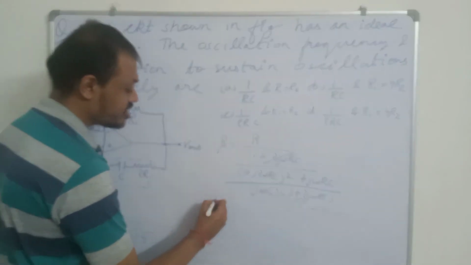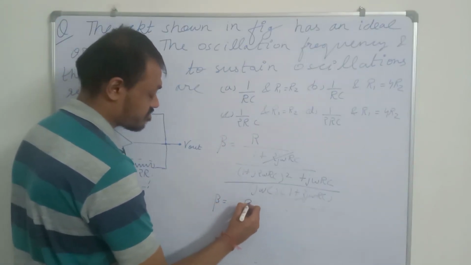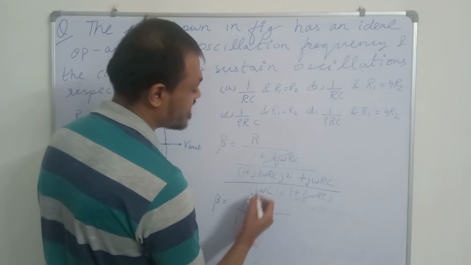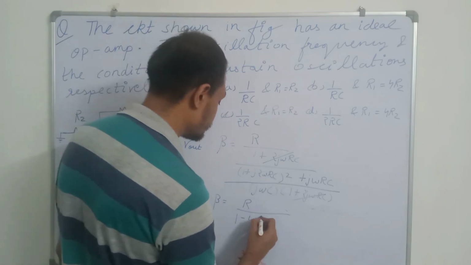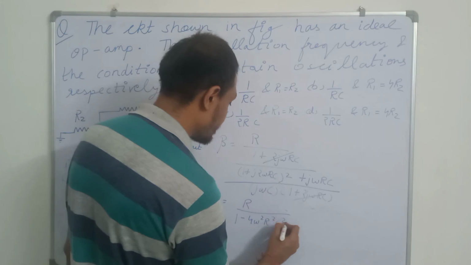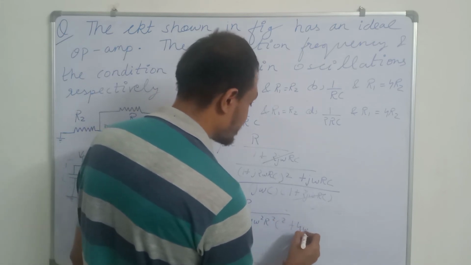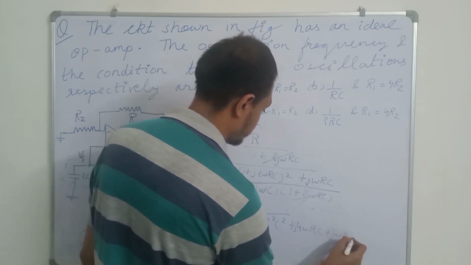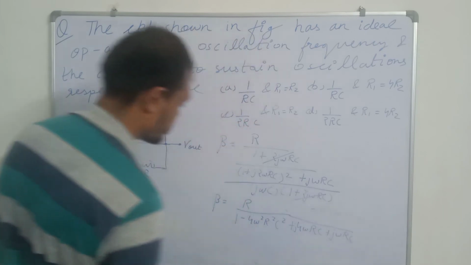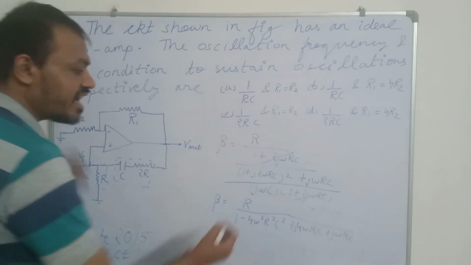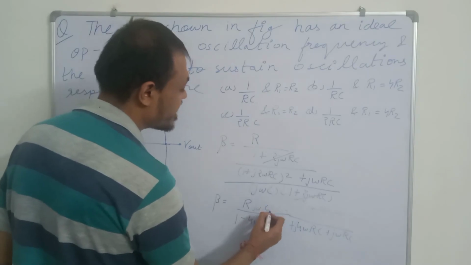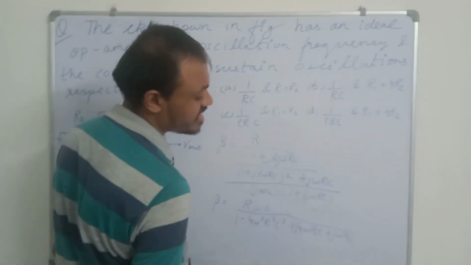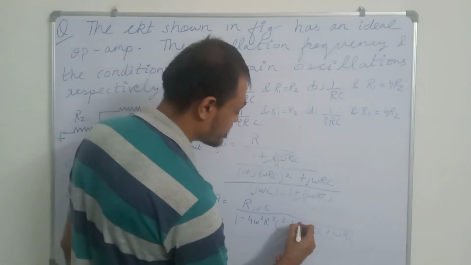So beta will be equal to R upon 1, and now we have to square it, so minus 4 omega square R square C square plus 4j omega RC plus j omega RC. And this j omega C will go above and get multiplied. Now this j4 omega RC and j omega RC will get added to become j5 omega RC.